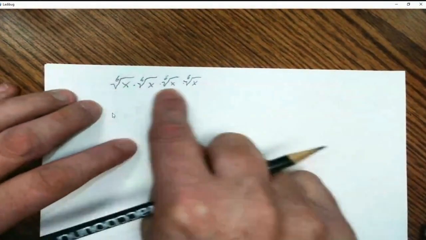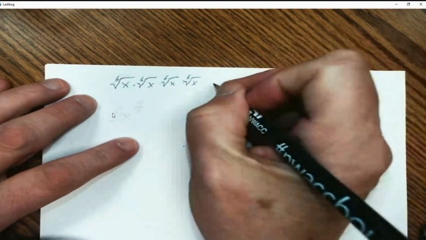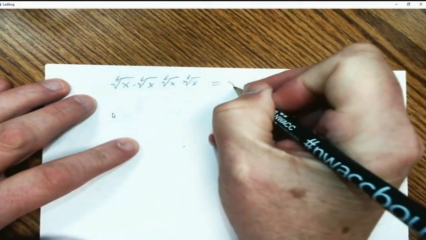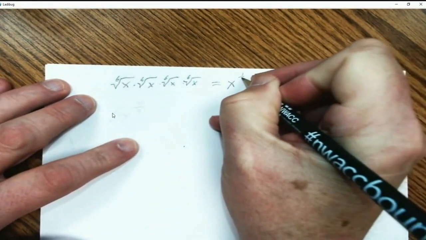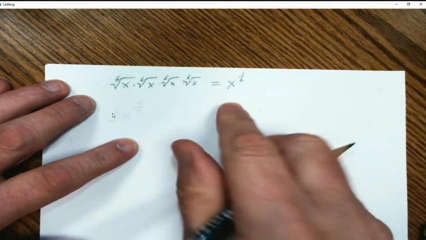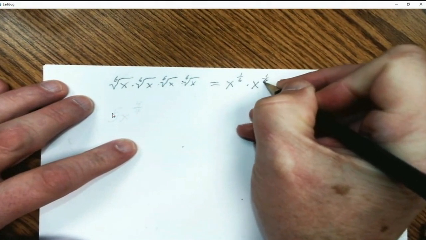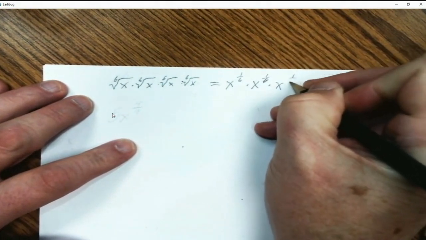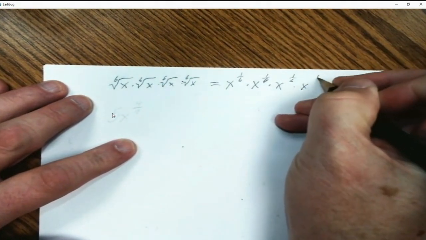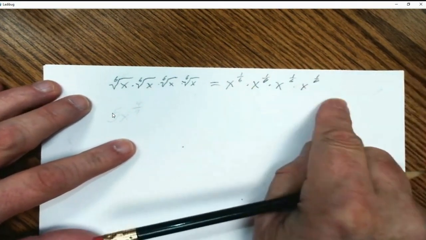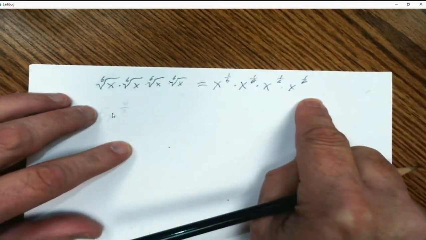So the easiest way to simplify that, let's use our exponent rule. Let's change it. That would be x to the 1/6 if we write it as an exponent, times x to the 1/6 times x to the 1/6 times x to the 1/6. And we know when we multiply exponents, we can add those together.